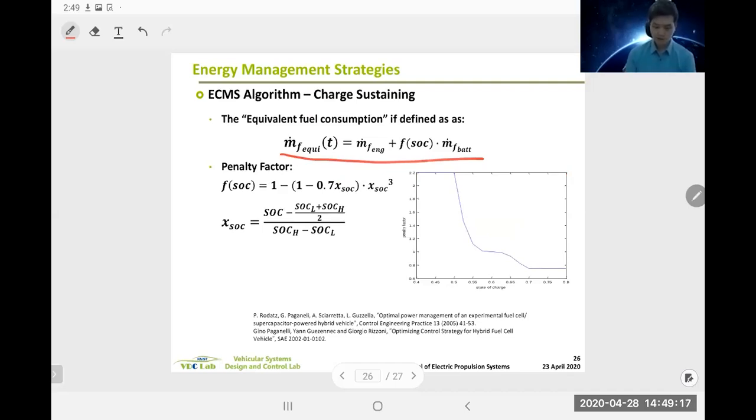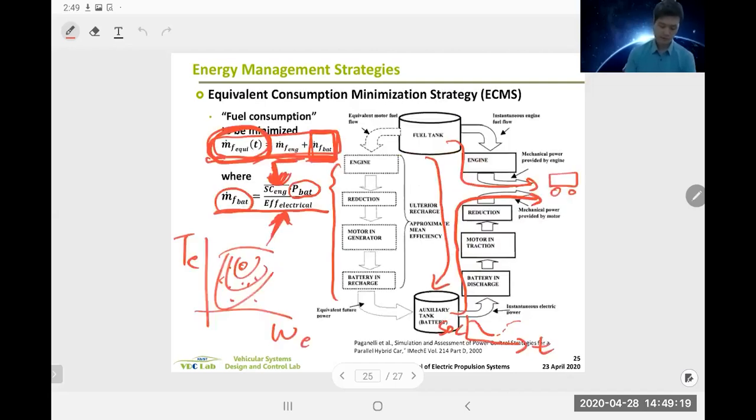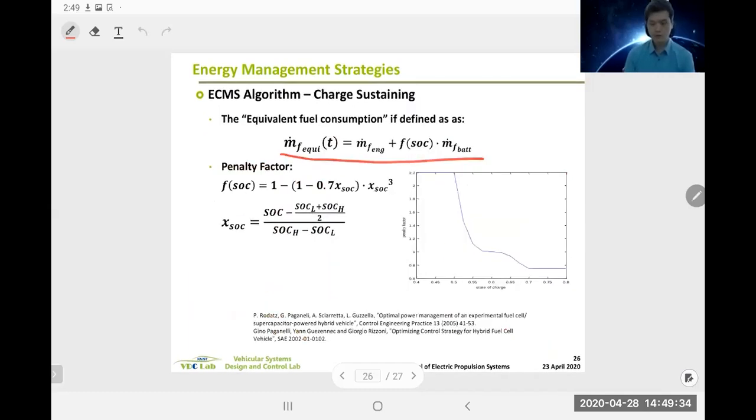But if we just fix this value, then that's just an average number. We can use a constant value. But if we use a constant value, then charge sustenance will not be guaranteed, because we don't know how the future is going to change, right?